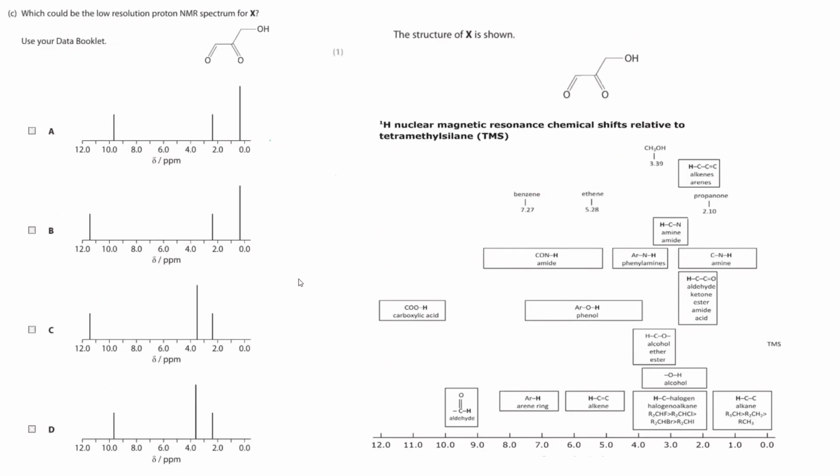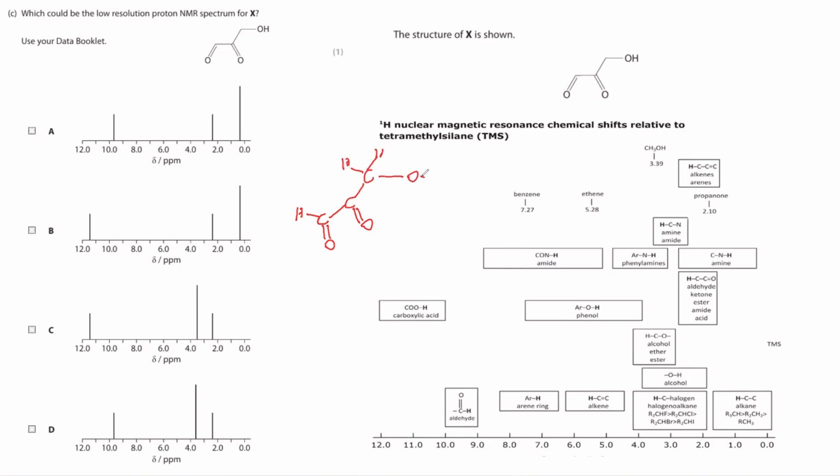Question number 11 part C. Okay, there's section C. Which could be the low resolution proton NMR spectrum of X? So before I draw the low resolution proton NMR spectrum of X, I should first draw the displayed formula of this one. Because it's proton, I should see the hydrogen. So here there's one hydrogen. Then there's a carbon oxygen double bond. Then there's a CH2 group.